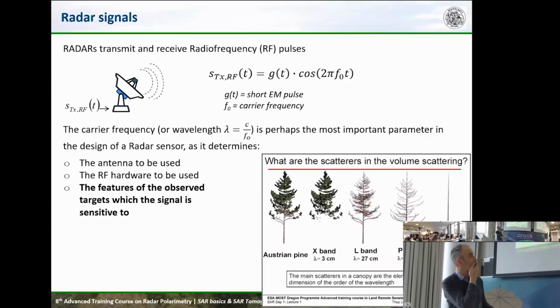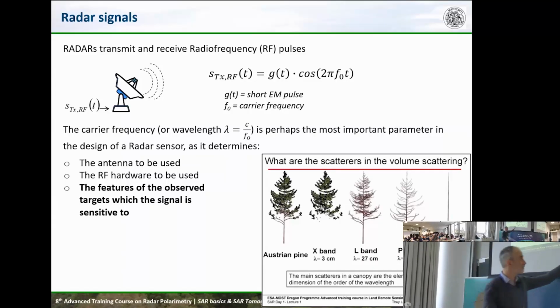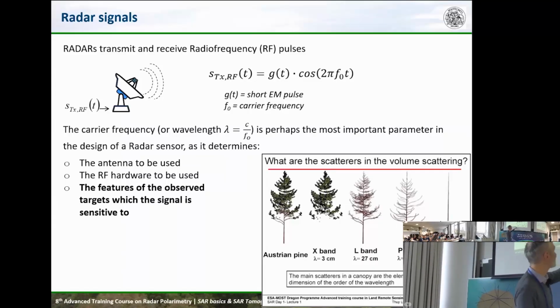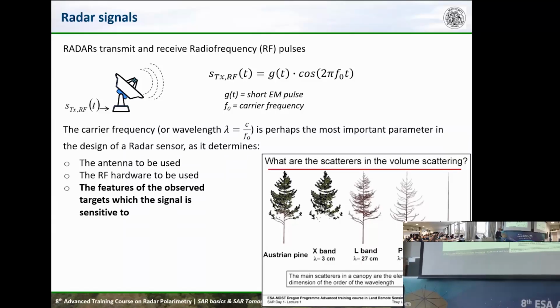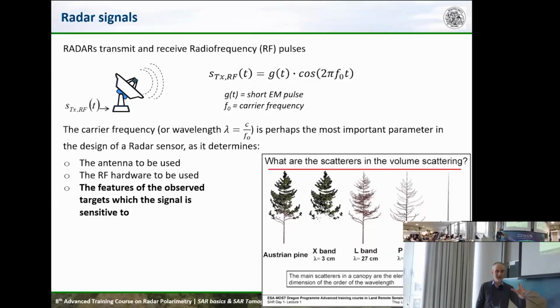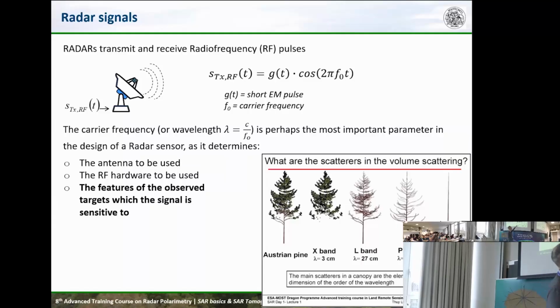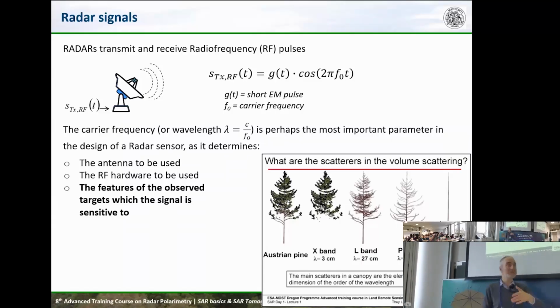This is a great picture by Tuileton, given at the Dragon 20 years ago. And for example, what are the scatterers that are sensed by a radar out of a tree? Let's say that this is an Austrian pine, as we can see.